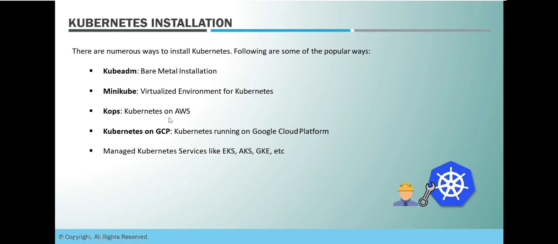Amazon, as the largest cloud provider, has its own managed Kubernetes service, named EKS, Elastic Kubernetes Service. Similarly, Azure has its own, named Azure Kubernetes Service. And again Google, it is a Google product. The first managed Kubernetes cluster was deployed and made public by Google itself, and they have named it Google Kubernetes Engine.